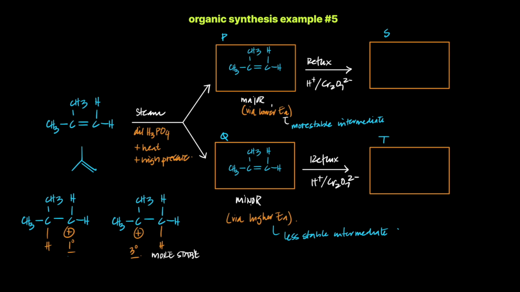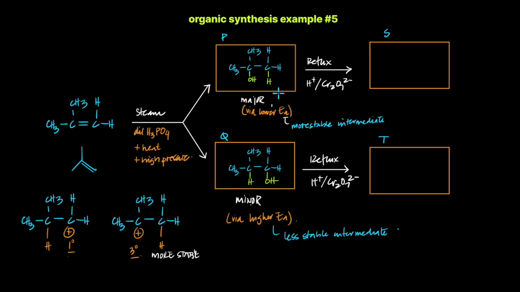You can also make the skeletal. The major, I'll use green now, we'll put the H there and the OH, because that came from tertiary. And the minor will have the H there, and that's the primary carbocation. Hence the primary carbocation will make a primary alcohol, the tertiary carbocation will make a tertiary alcohol.